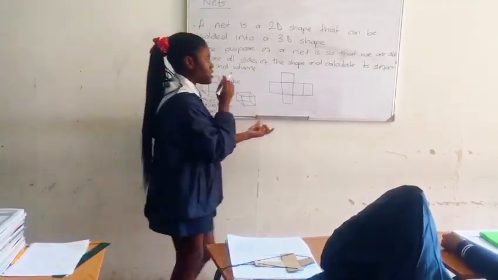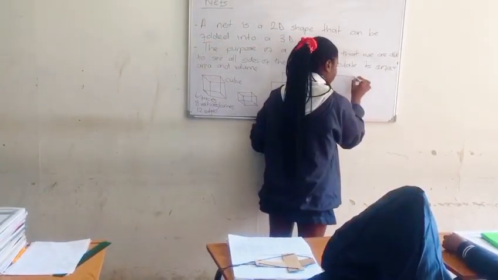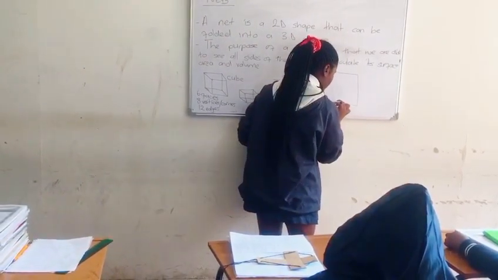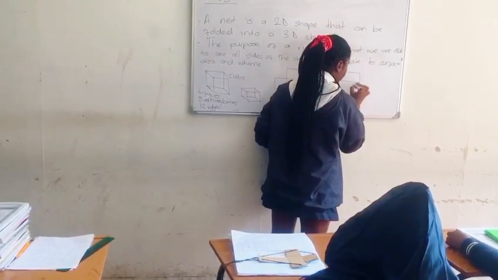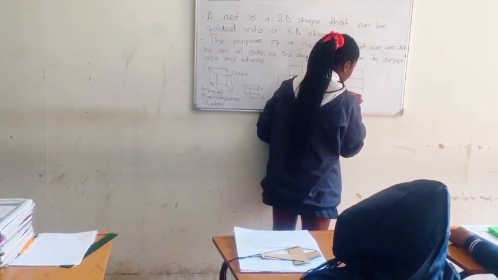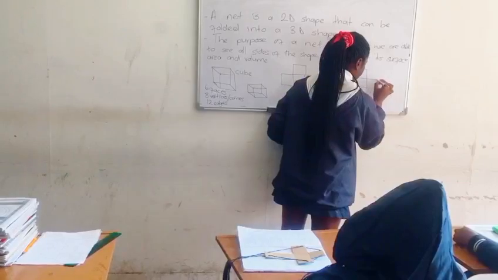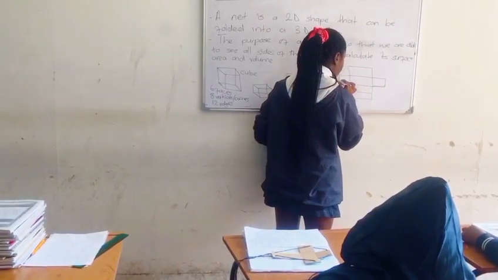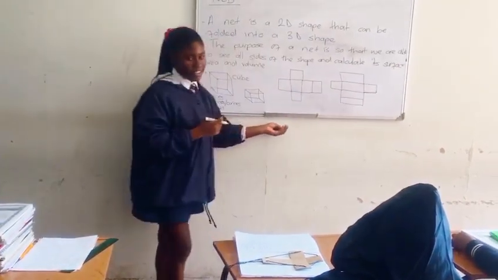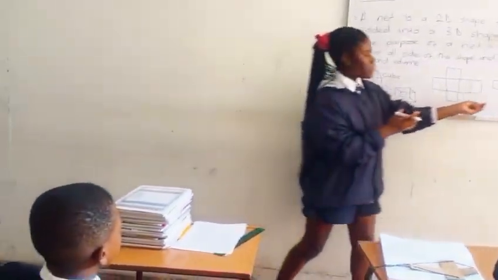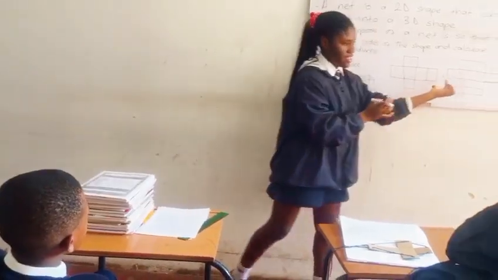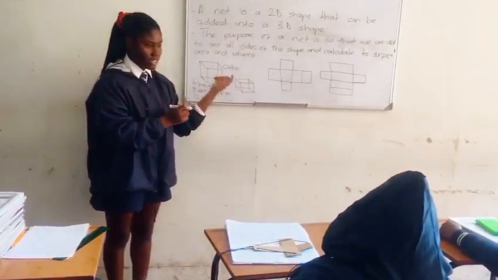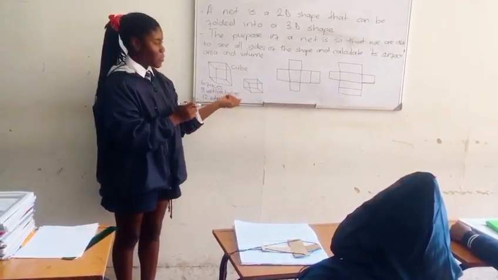It would come out as something like this. Do you see that? In your head, if you imagine putting it back together, it will come out as a rectangular prism. Do we understand?